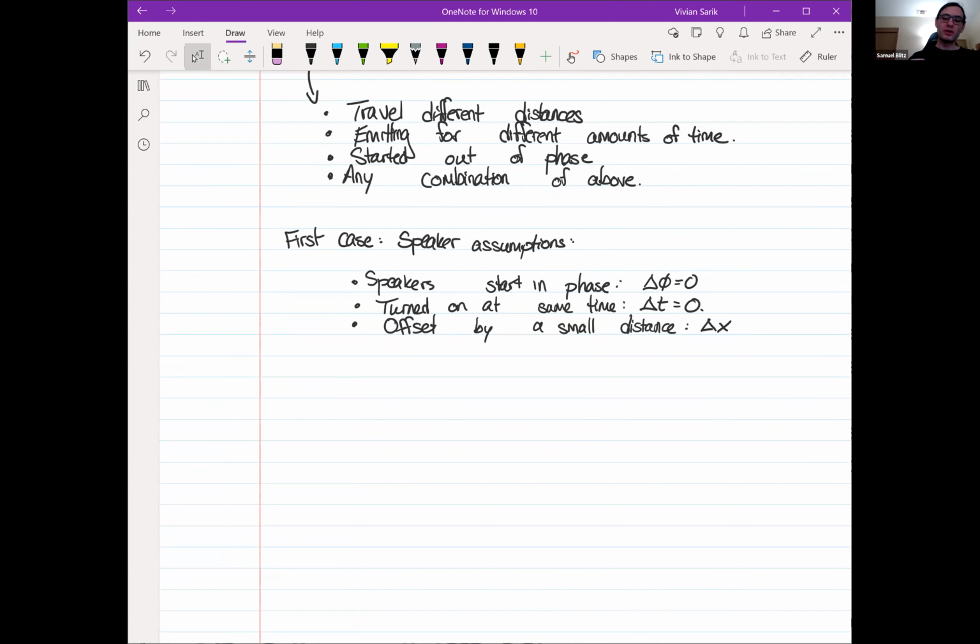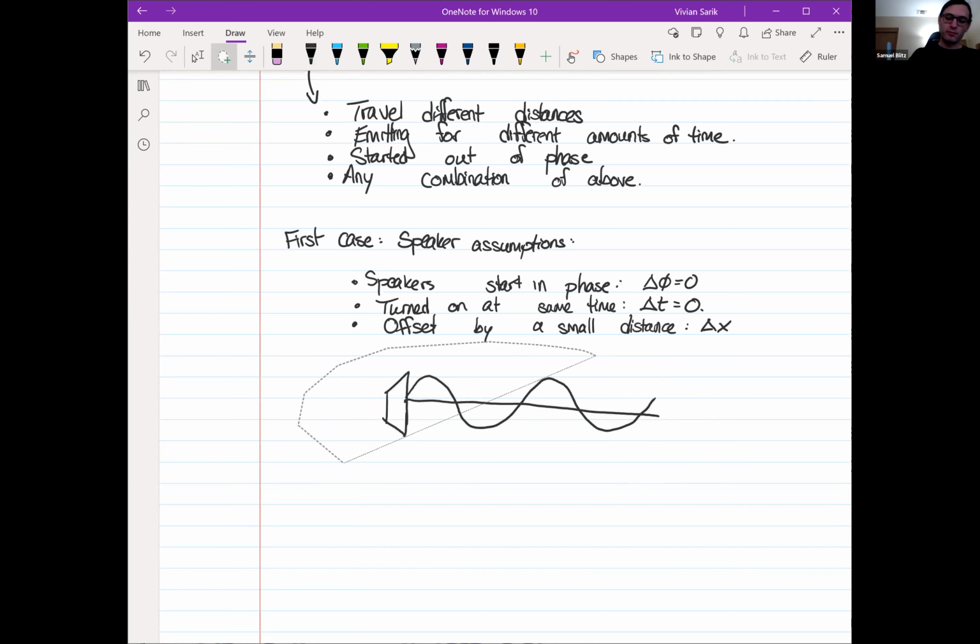Right. So the picture then is something like this. You have one speaker. Say it looks like this. I'm just going to draw a horizontal line to depict it, oscillating like this. And then you have another speaker that's offset by a little bit.